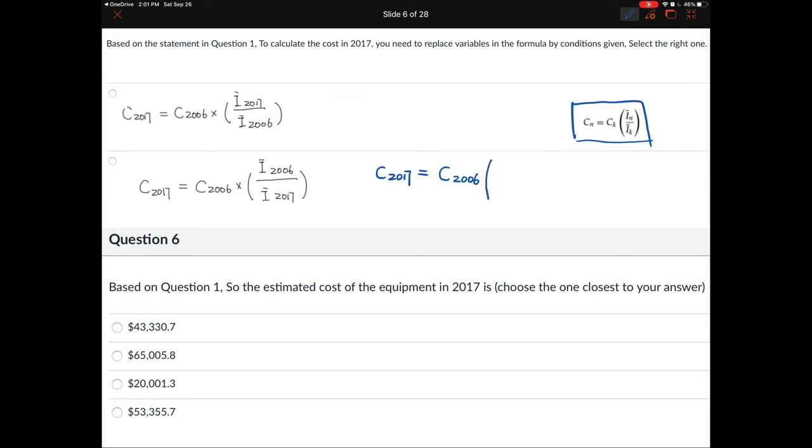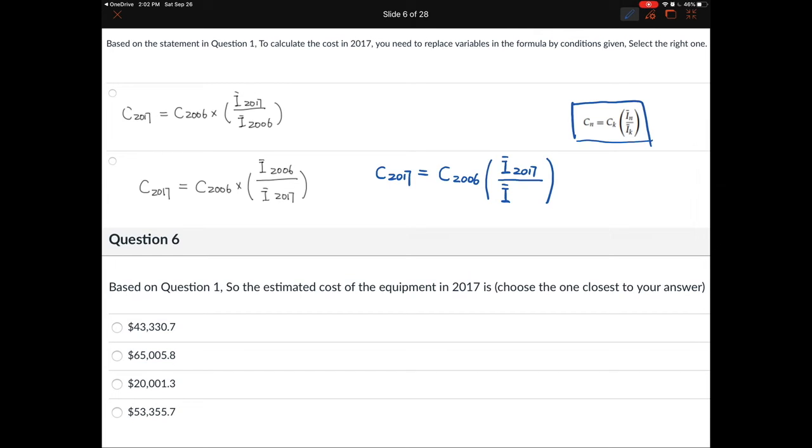And then you want to write this ratio between two indices: above the bar is I bar N, where N is the same year as the unknown year, so it's 2017. And beneath this bar is going to be I bar K.